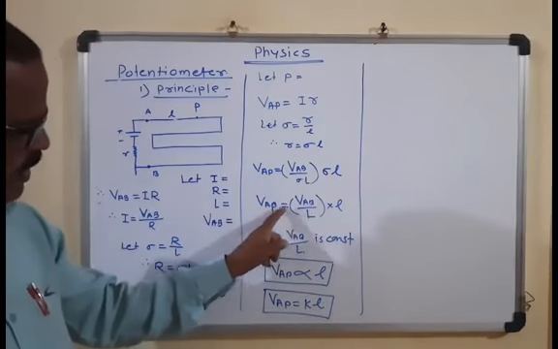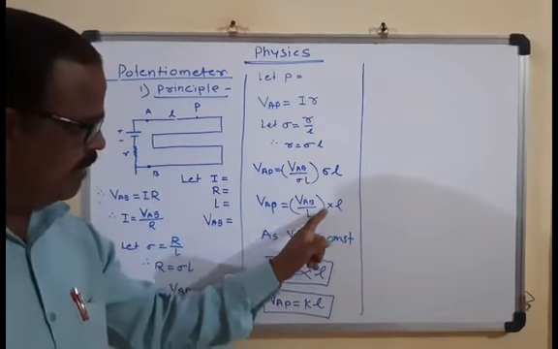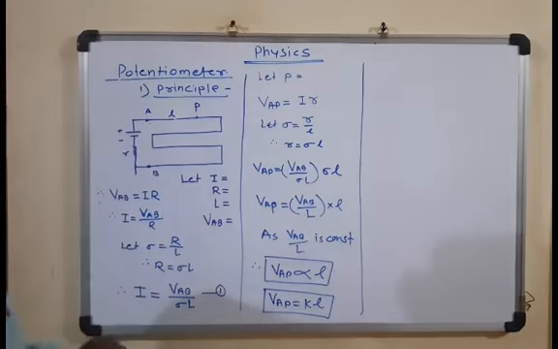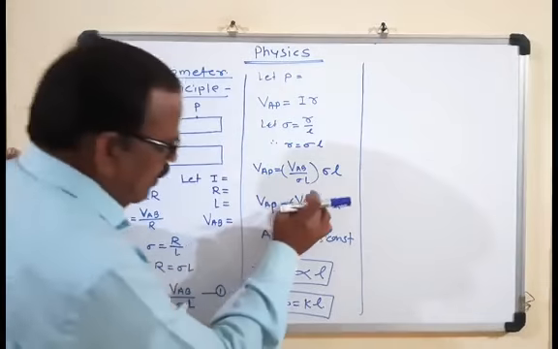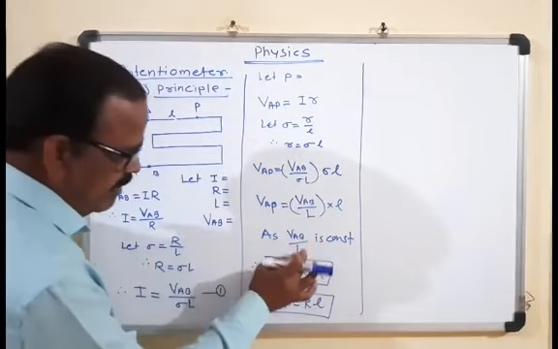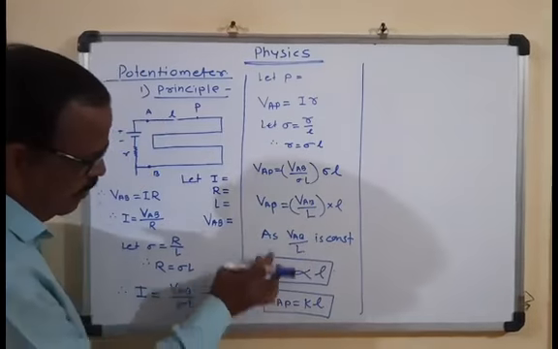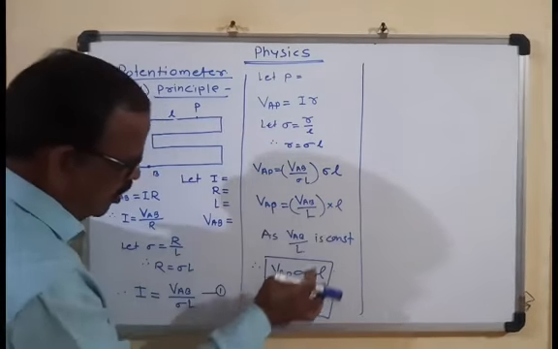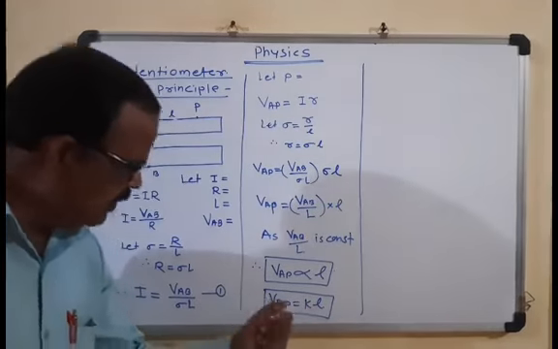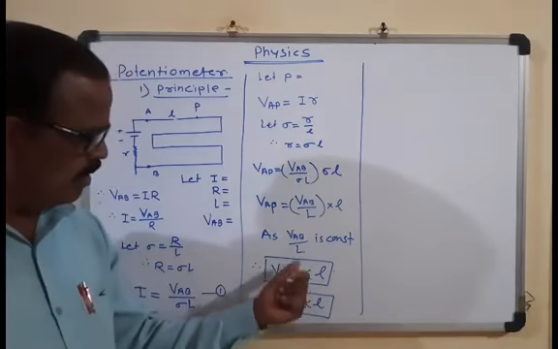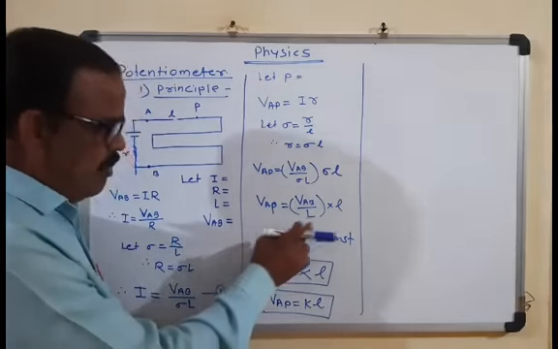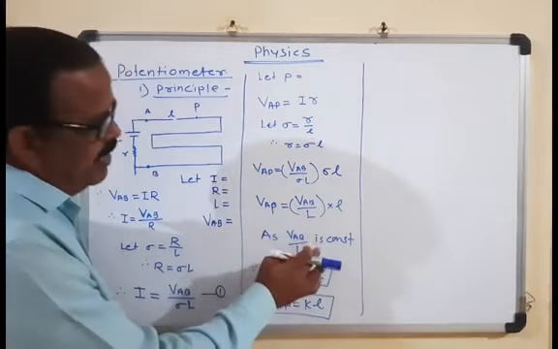Therefore, VAP is equal to VAB divided by L into l, where l is the length of wire between the points A and P. As VAB divided by L is constant, VAP is proportional to l. Therefore, VAP is equal to K into l, where K is a constant called the potential gradient, which is equal to the potential difference per unit length.